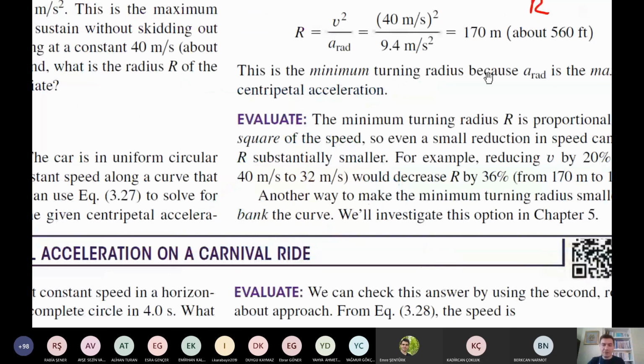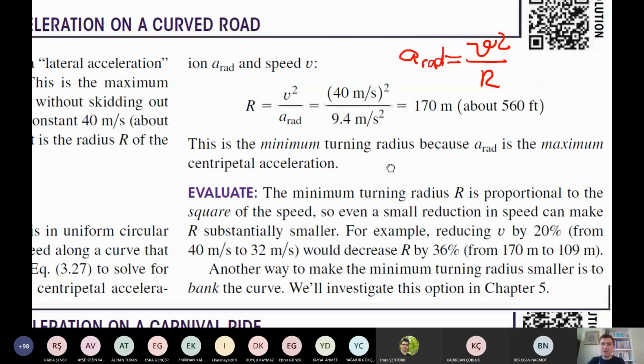Okay, so if you take R from this equation, then you can get this expression V square over A radial. Instead of V, just use 40 meter per second and take square of it. And A radial is this one, 9.4 meter per square second.